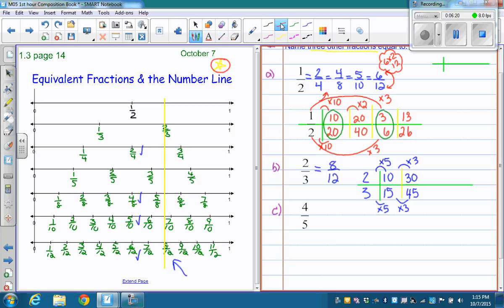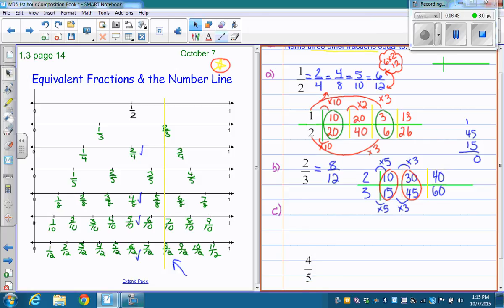And again, don't forget, whenever you use a ratio table, you can add columns. So when I add those columns, I get 40, and 45 plus 15 is 60. So 40/60ths is another example of an equivalent fraction.